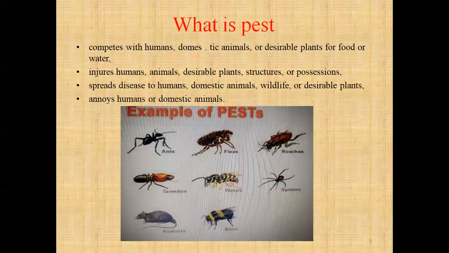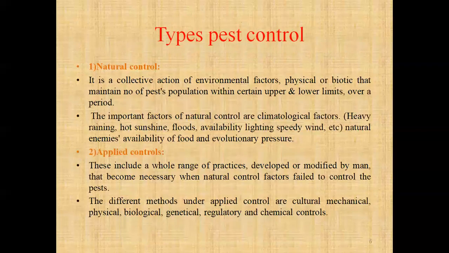So these are the pests and their controls. Two types of methods are there. First is natural control. It is the corrective action of environmental factors, physical or biotic, that maintain the number of the pest population within certain upper and lower limits over a period of time. The important factors are climatic changes, heavy rain, hot sunshine, which directly change the atmosphere.